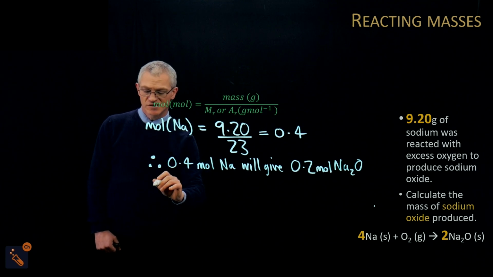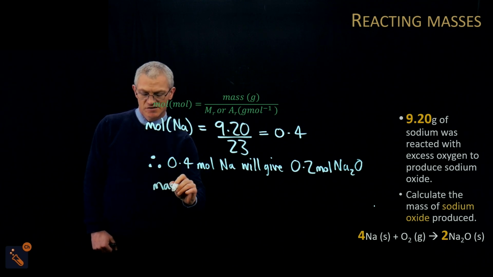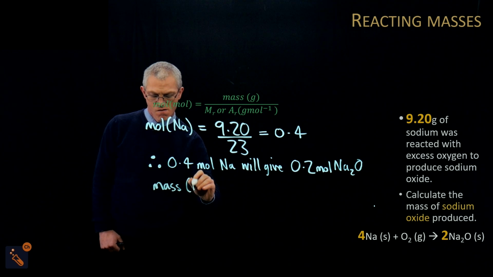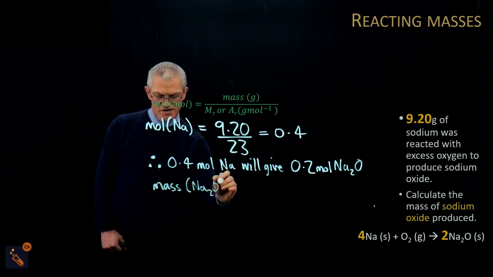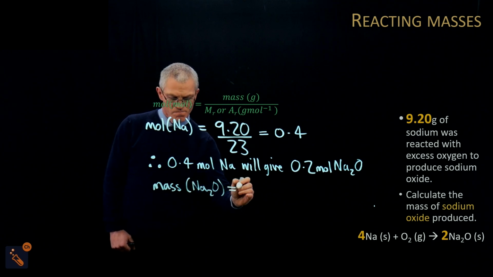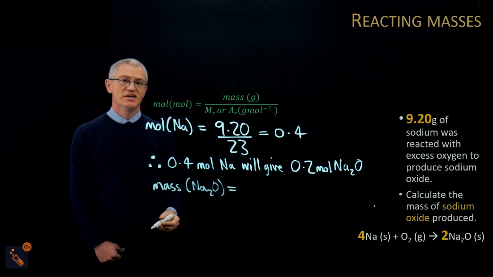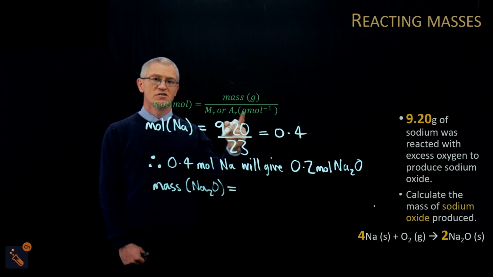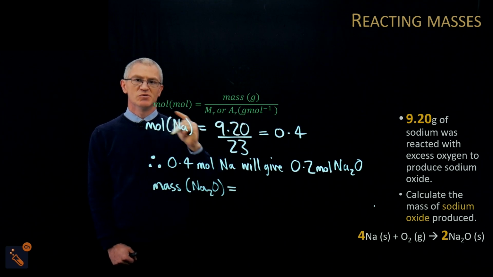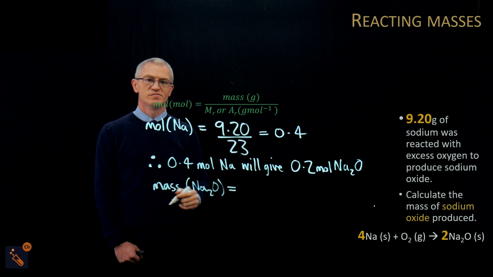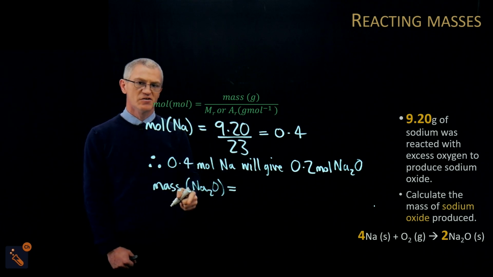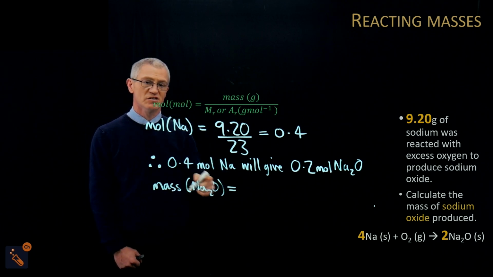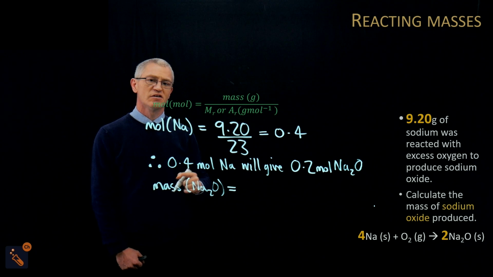We then want to work out, and this is our last bit again, the mass of our Na2O. Remember the mass is going to be equal to the moles times Ar, or the Mr times the mole, depending on what it is. This is a compound, and if we know the RFM, or the molecular mass of that compound, we can do this.